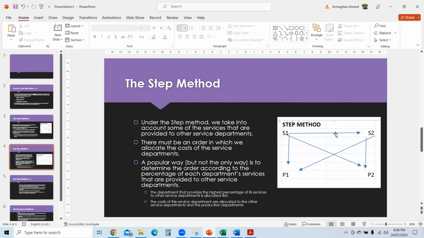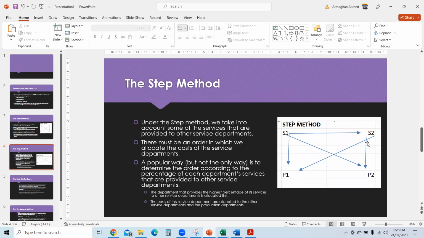You can see here that we have S1, which provided service to production department 1, production department 2, as well as the other service department, S2. So all S1 costs have been transferred to P1, P2, and S2. Now the S1 department is closed, and all its cost has gone to all other departments.